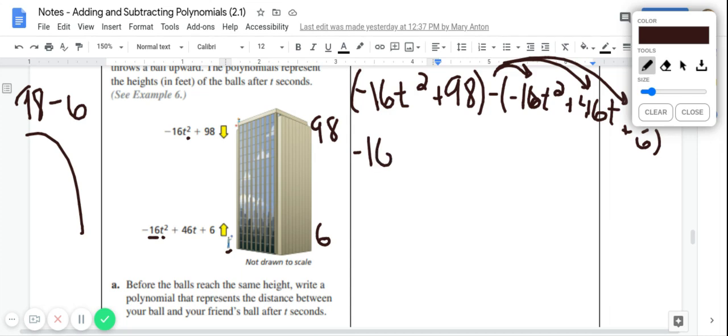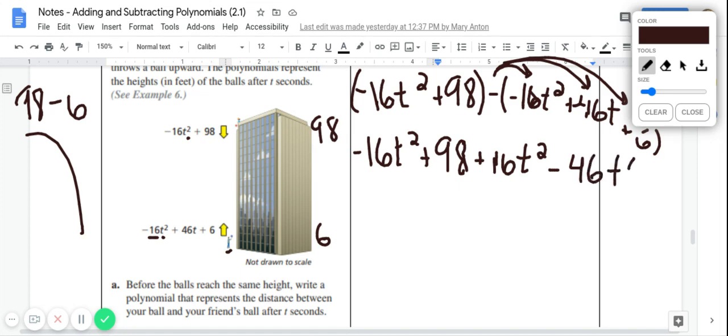So we get negative 16t squared plus 98 minus a negative 16, that becomes a positive 16t squared. Let's see, we have a plus 46t, but apply that negative, and we got a minus 46t minus 6.